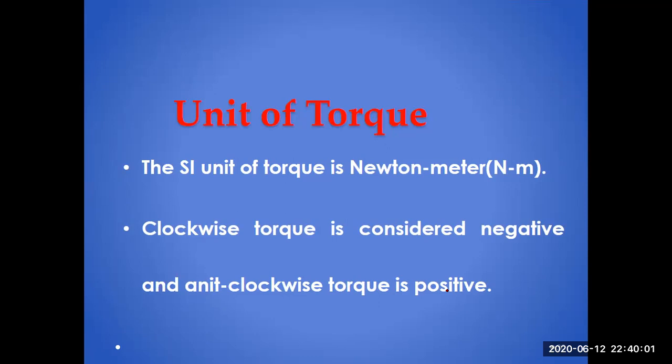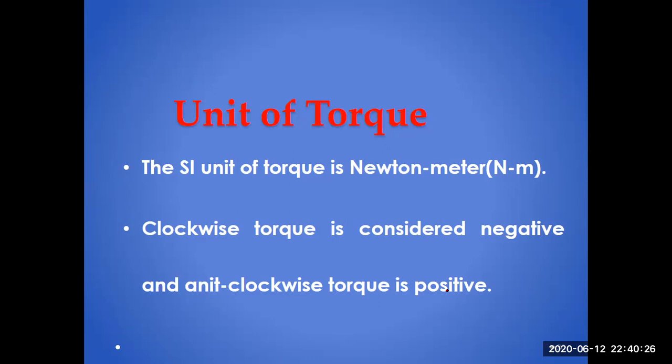When you move your fingers from x to y, your thumb points towards you. If you are rotating on the surface of the board, the thumb is towards you, meaning along the positive z axis. So that's why anti-clockwise torques are always taken positive.